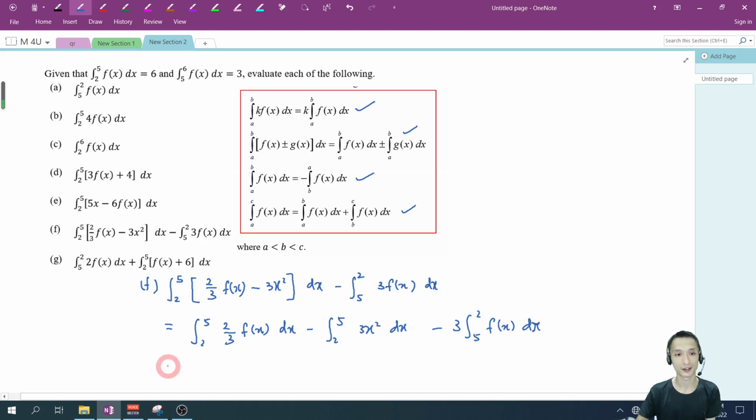So here I bring out the constant first: 2 over 3, the integral from 2 to 5 of f of x dx, minus. Here we can integrate ourselves. It becomes 3x, 2 plus 1, you will get 3 over 3.